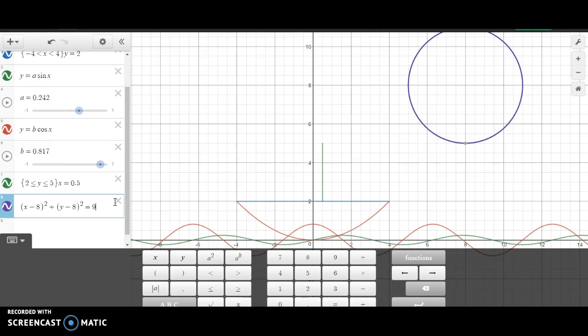Let's do 9. This is just a little big. Okay, yep, so that's going to be the sun in my picture here.